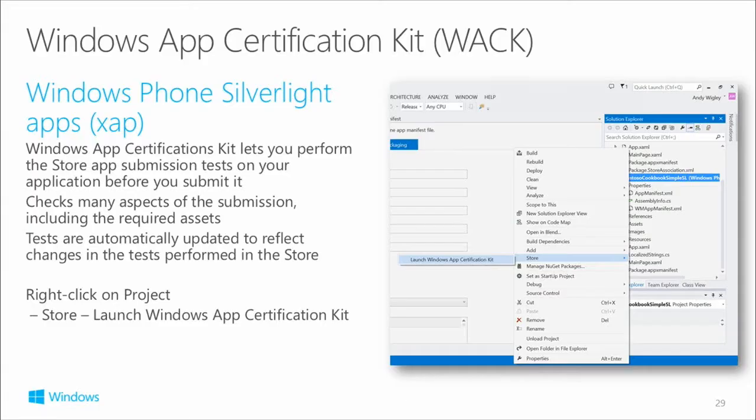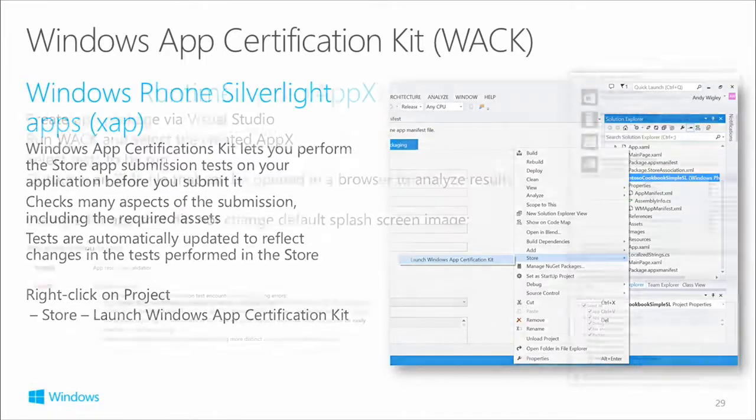So for Windows Phone Silverlight apps, the way you run WACK, as we call it, is, again from the store, you right-click on your Silverlight project. There is a store menu on there, but the only option on that store menu for this kind of project is Launch Windows App Certification Kit. That runs a number of tests for you and shows the results. I'll show you a demo of this in a minute.